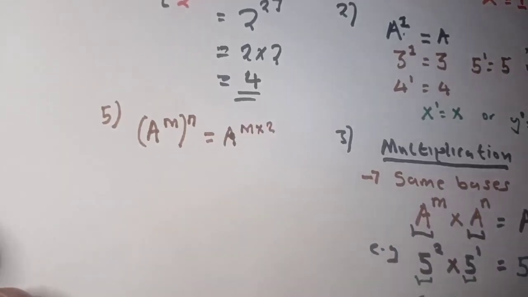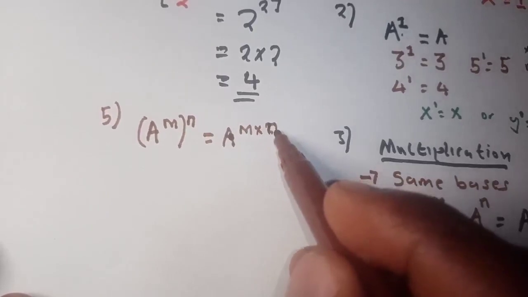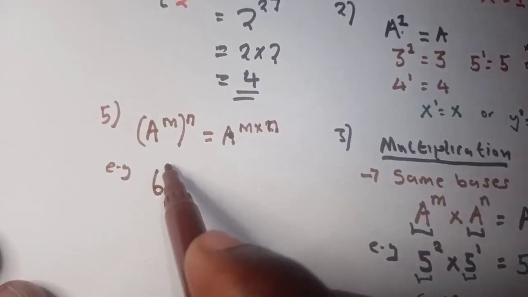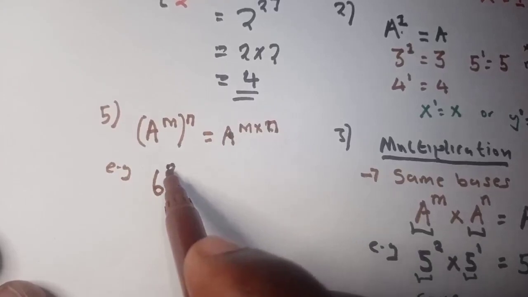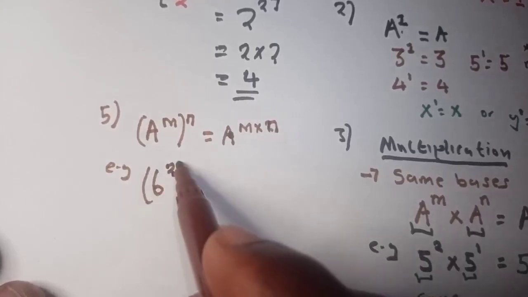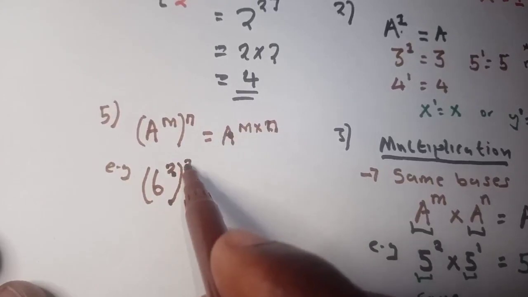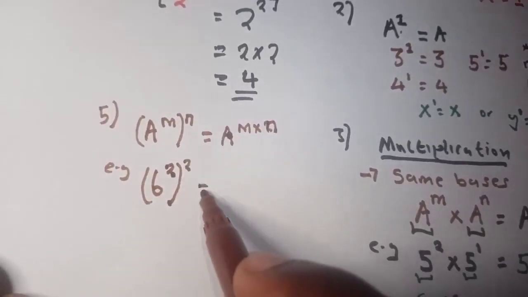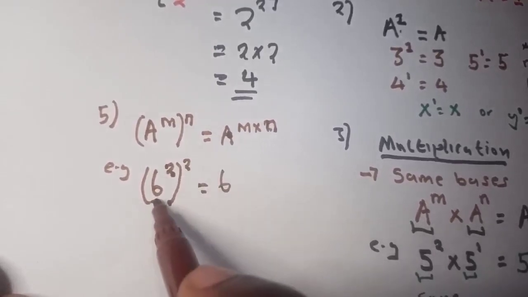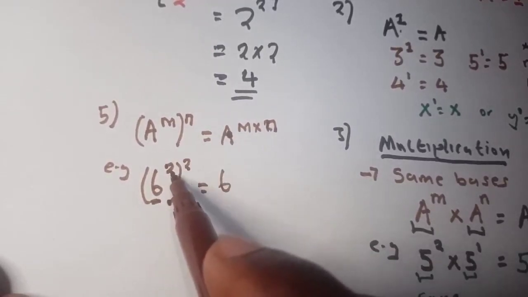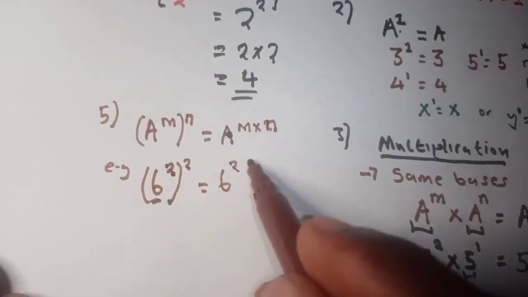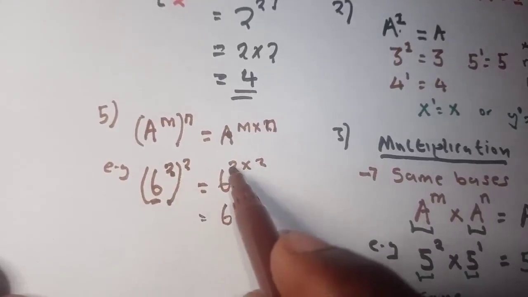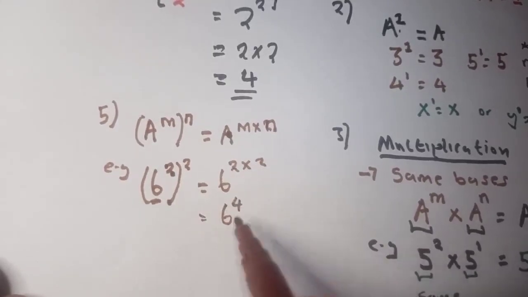For example, you have 6 raised to the power 2 in brackets, then you have another power 2. What does this mean? Get your 6 here, then multiply the powers. So this is going to be 6, and when you multiply the powers, you get 4.